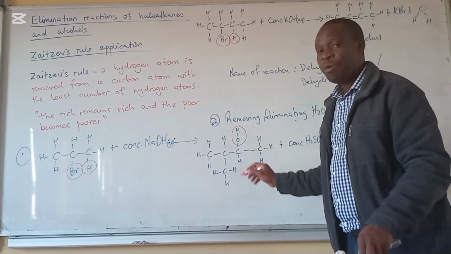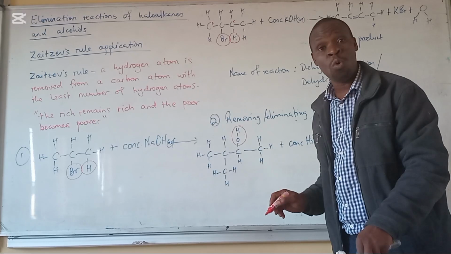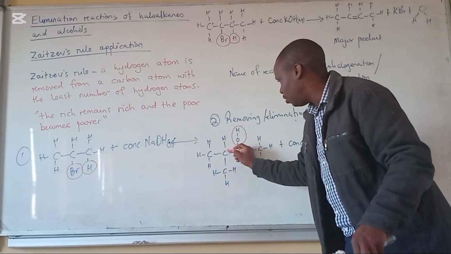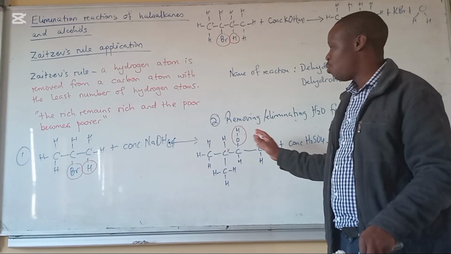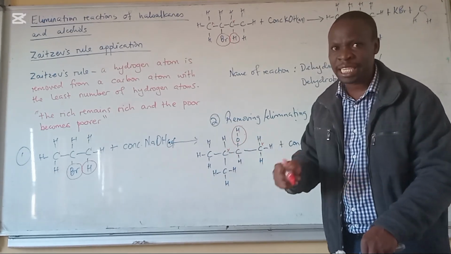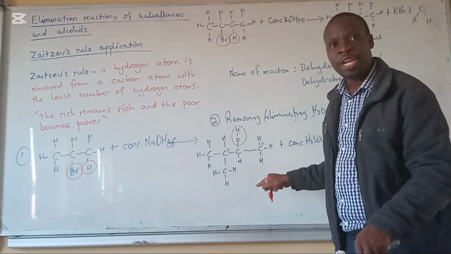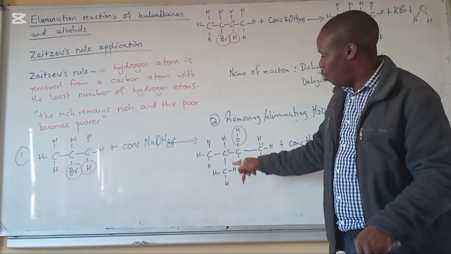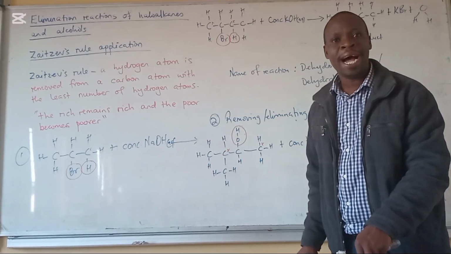Now the two carbon atoms adjacent to the carbon atom that is holding the OH are these two, this one and this one. We have to look for the one that is hydrogen-poor so that we make it more poor. This one is surrounded by 3 hydrogen atoms, whereas this one is surrounded only by 1 hydrogen atom.